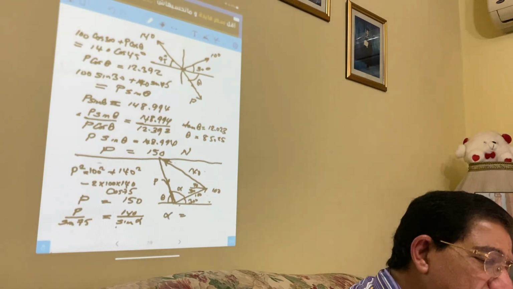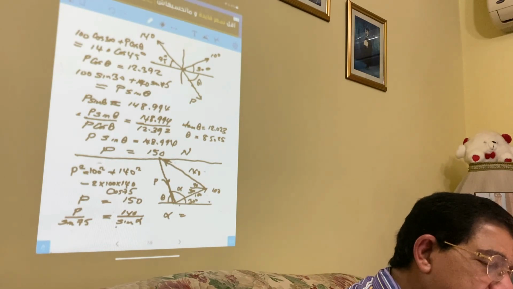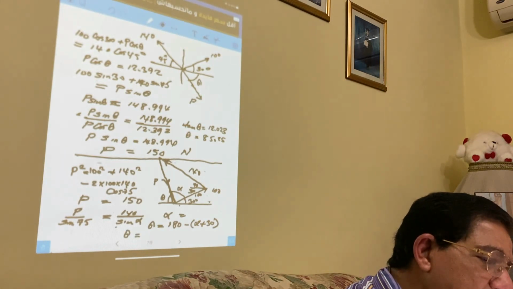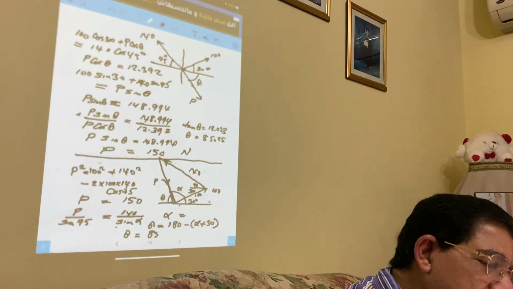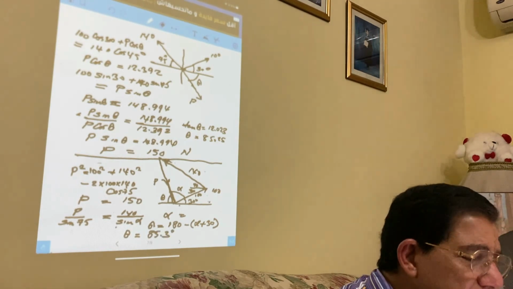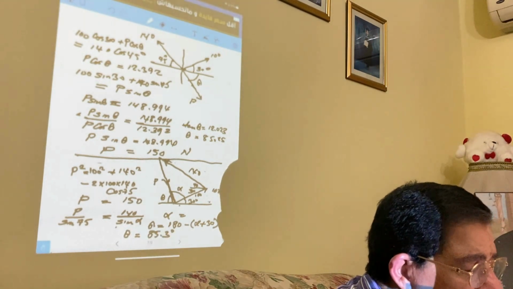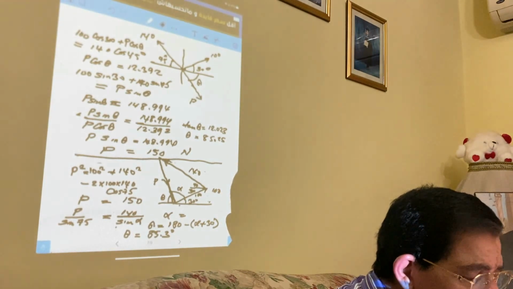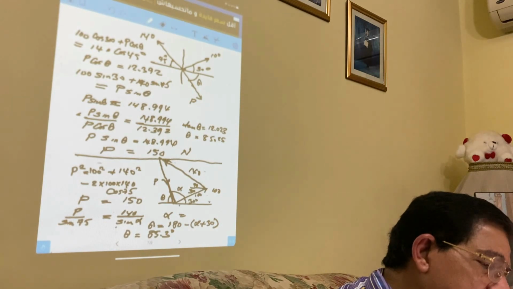Once we got the value of angle alpha, we get angle theta equal 180 minus alpha plus 30, from which we'll get the value of the angle theta, which will be 85.3 degrees. This is how we solve it by triangle of forces. We call this triangle of forces.